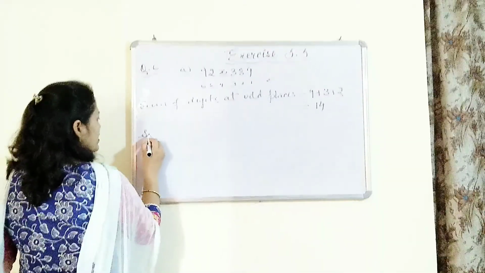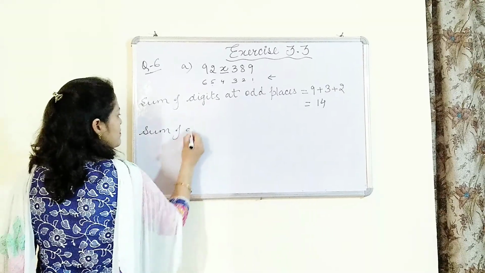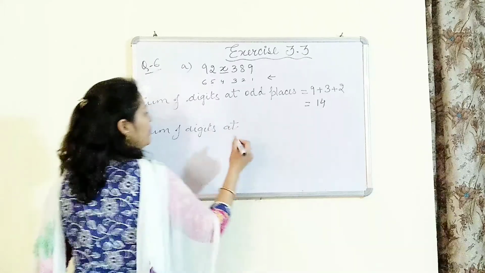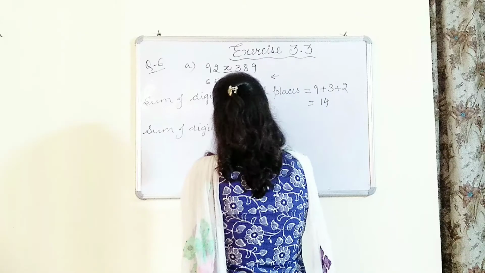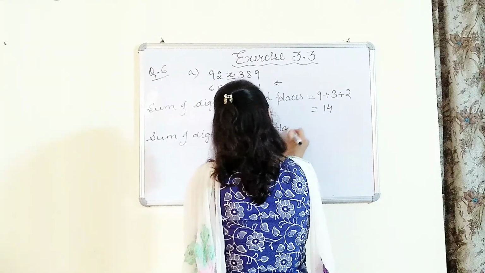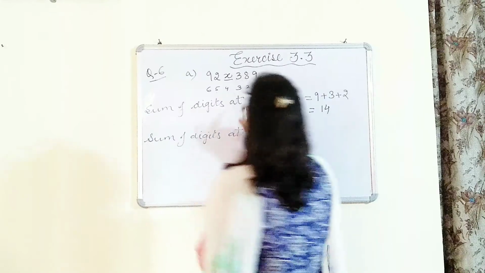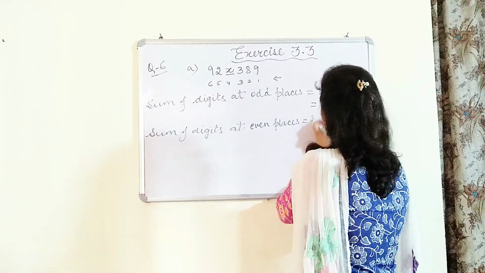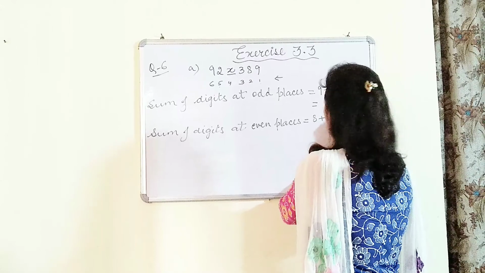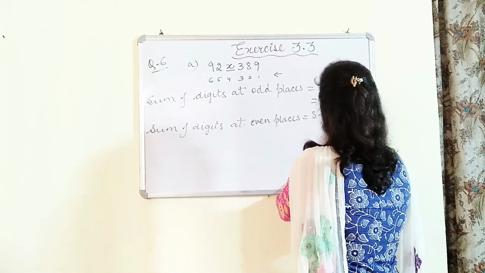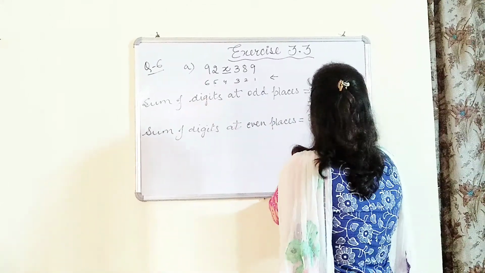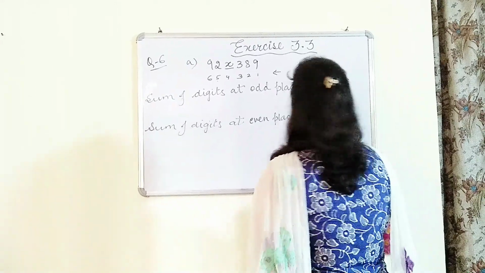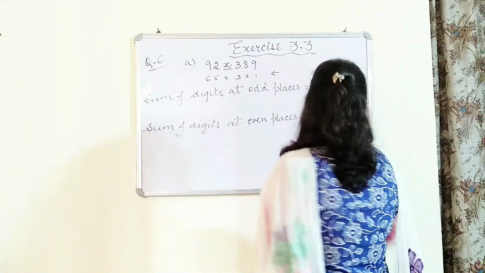Sum of digits at even places. Even places. 2, 4 and 6. 8 plus x plus 9.